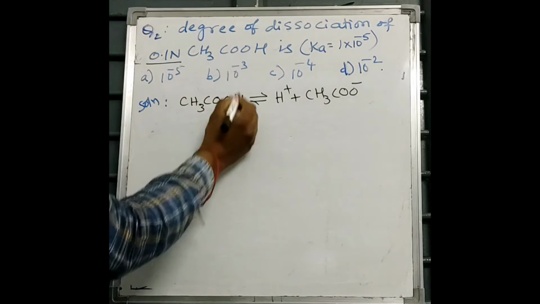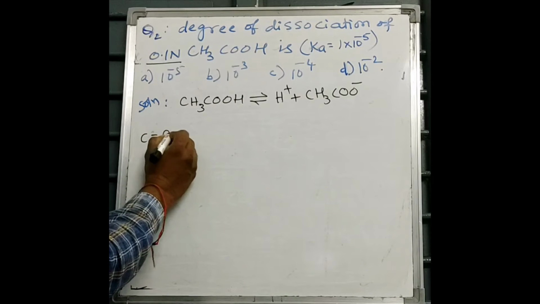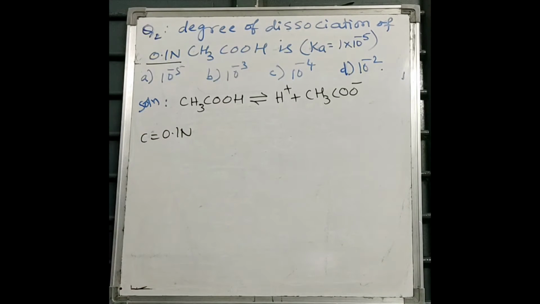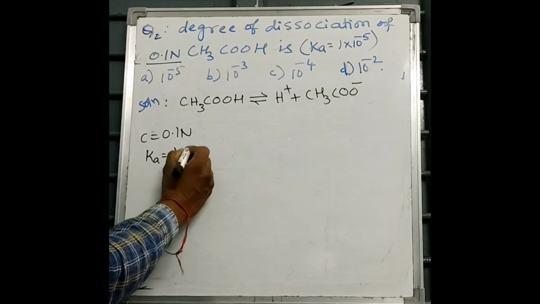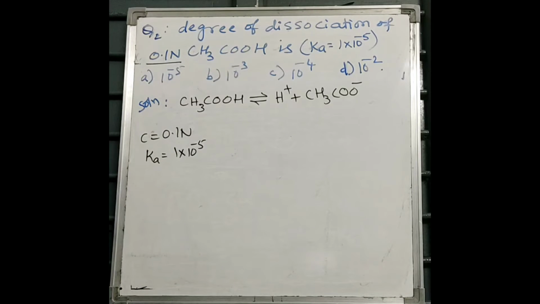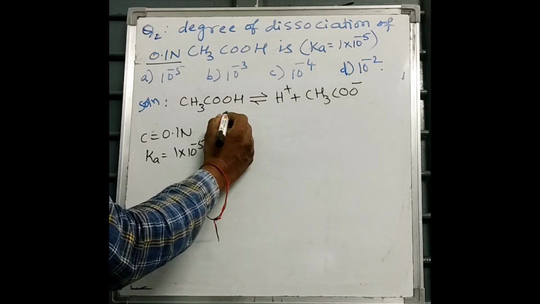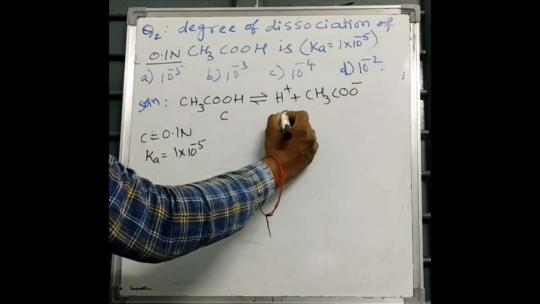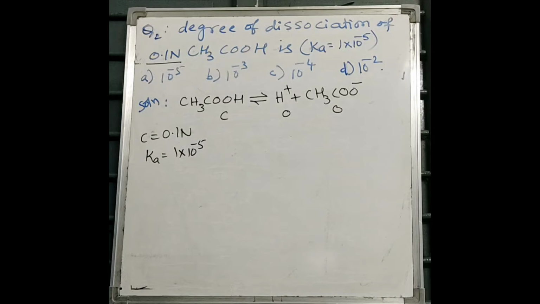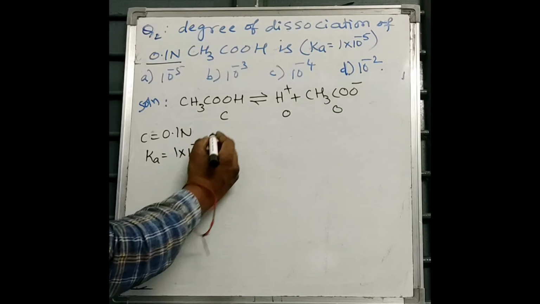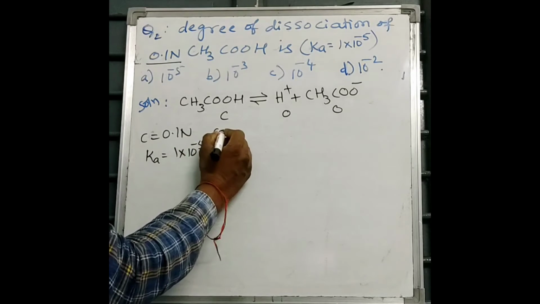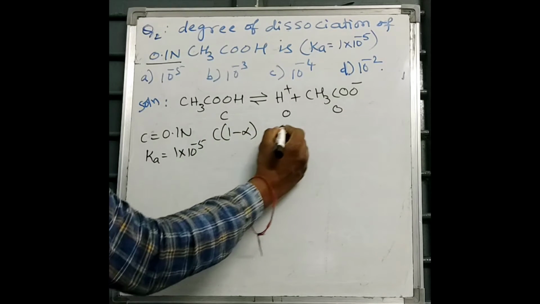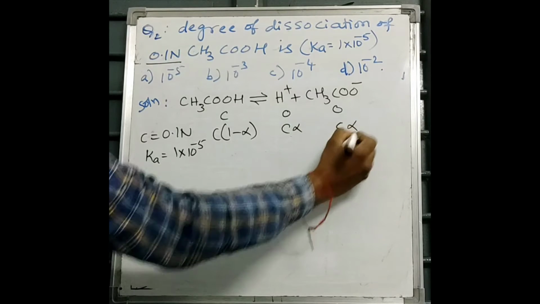The concentration of acetic acid here is 0.1 N, and the Ka value is also given: 1 into 10 power minus 5. At initial concentration there is no formation of products. After some time, at equilibrium, from C(1 - alpha) it is converted into products C alpha.